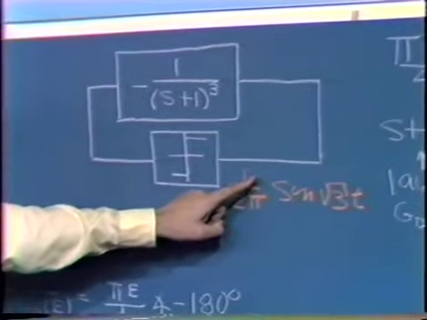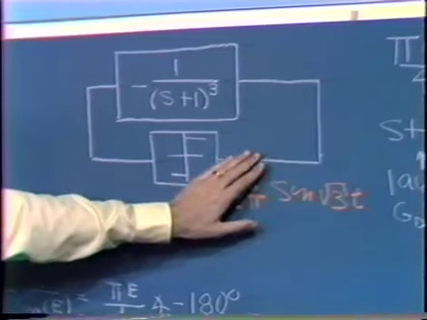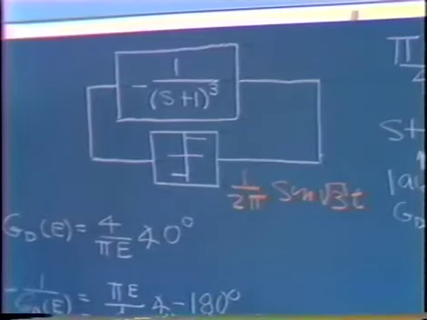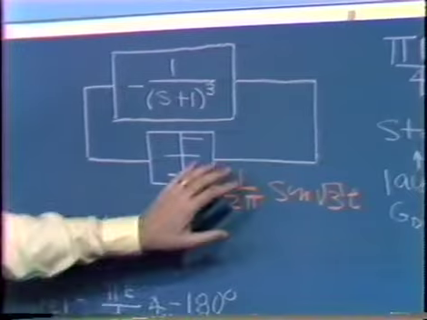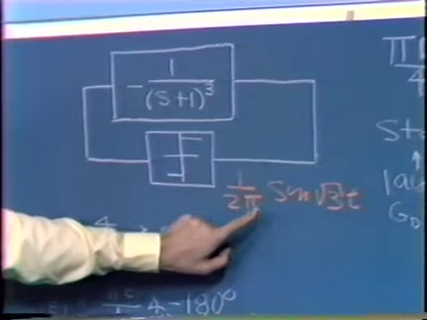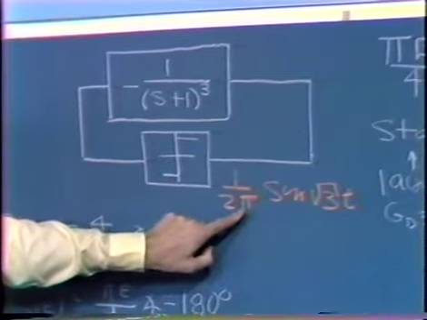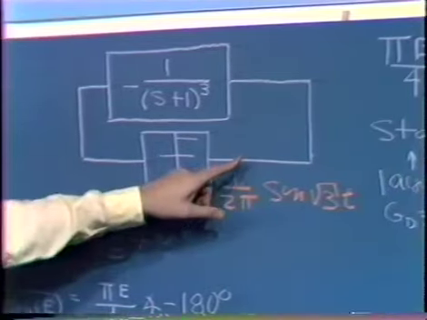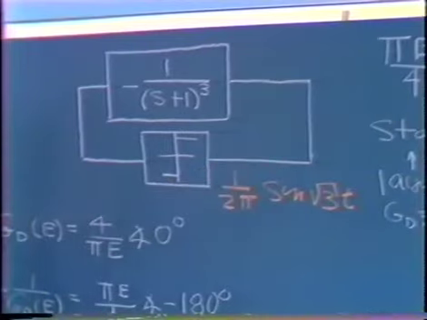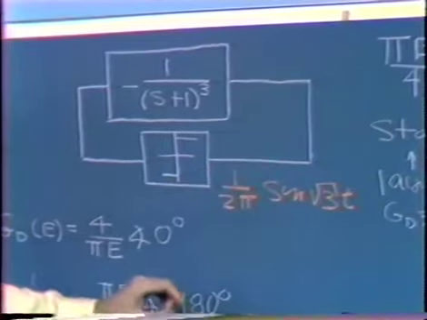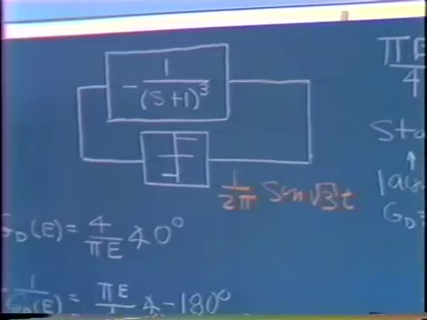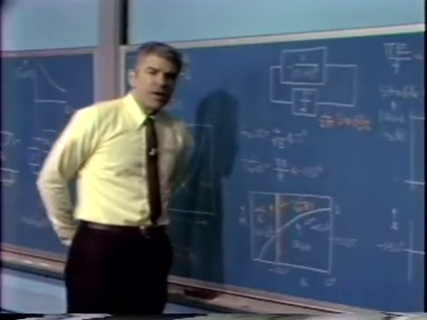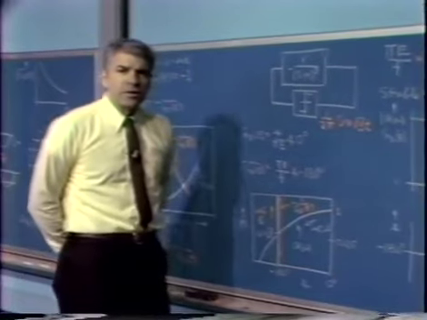And under those conditions, if we conducted a loop transmission test in a describing function sense, if we, for example, broke the loop, drove this point with a signal 1 over 2 pi sine radical 3 t, we would find that the signal that came back would have a fundamental component that was exactly identical to the signal we had applied. Now we have to look at the hedge that I mentioned earlier.